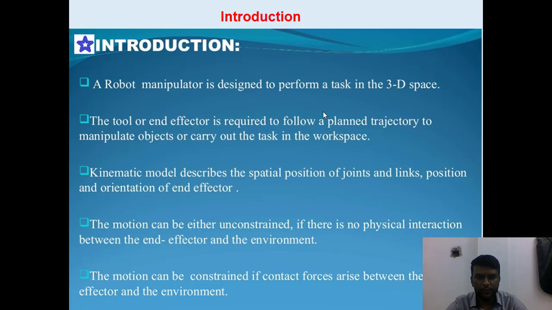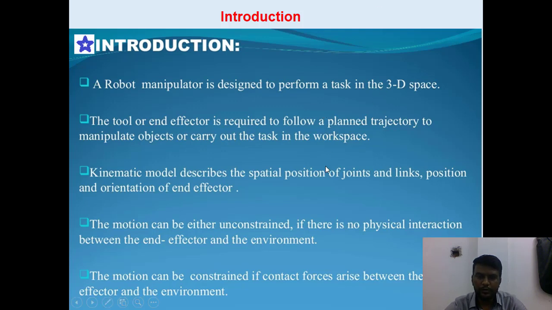Before we design a robot, we need to know the trajectory and the path it is going to follow, so that we can put that robot in a particular operation. So for this, we need a kinematic model. A kinematic model is nothing but a description of the position and orientation of the joints and links.